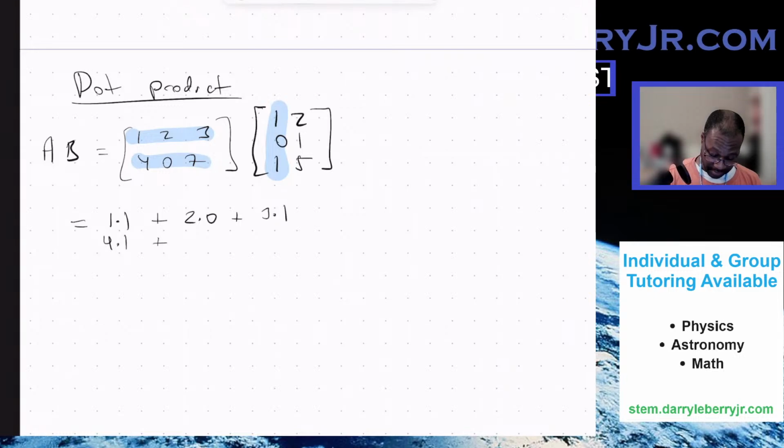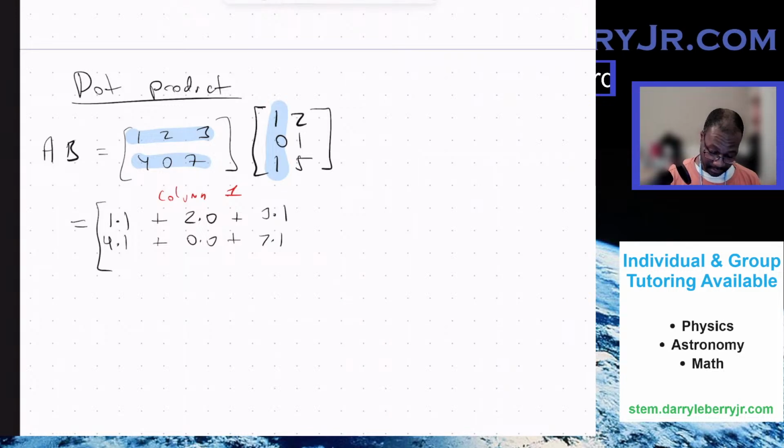4 times 1 plus 0 times 0 plus 7 times 1. So that's going to end up being our first column, column 1.